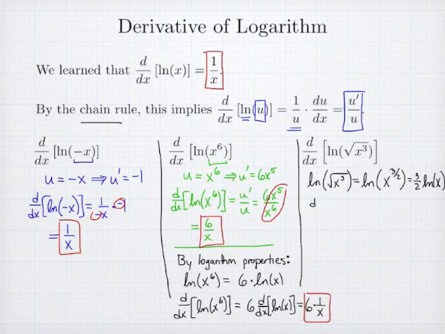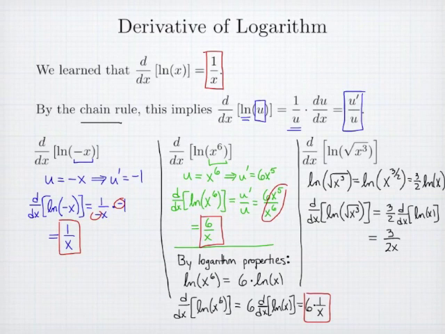So when I take a derivative of the natural logarithm of the square root of x cubed, by the constant multiple rule I get 3 halves times the derivative of the logarithm, which is just 3 over 2x, or 3 halves times 1 over x. So this illustrates the principle that using the properties of logarithms, often we can find much simpler ways of dealing with derivatives involving powers.